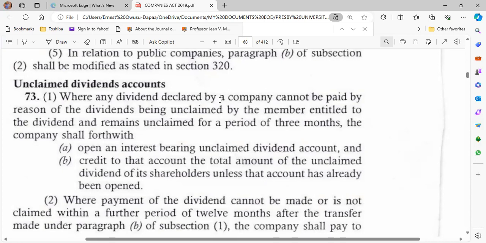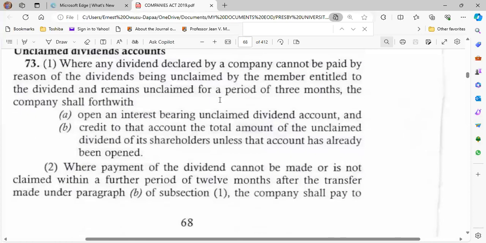And that is why Section 73 has made provision that, yes, the company should open an account and deposit or credit the dividend meant for the shareholders in that account. And of course, that account should yield interest as it were.